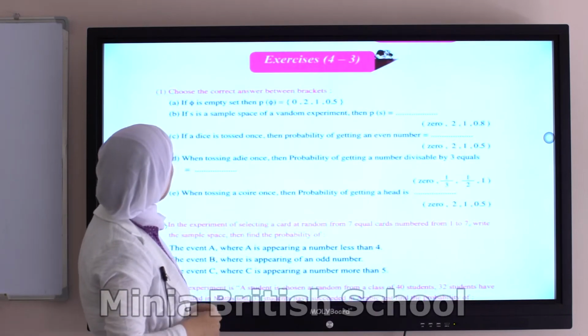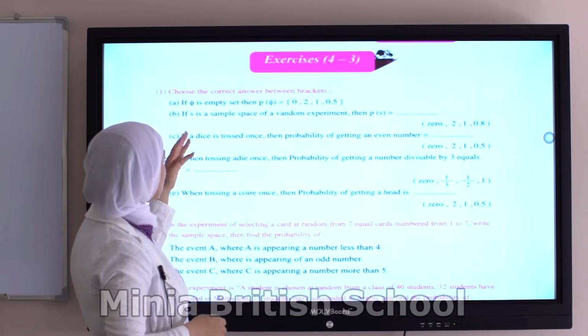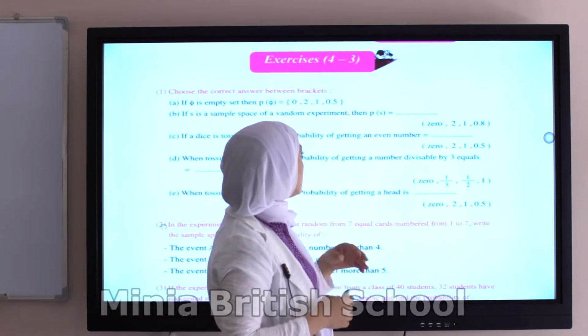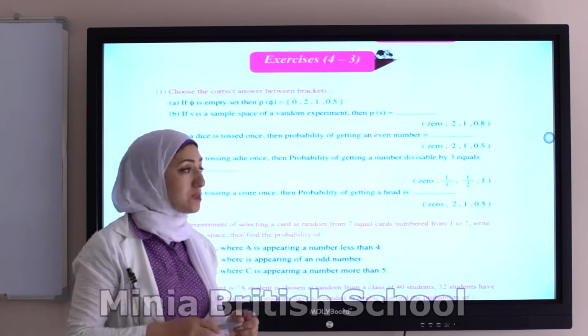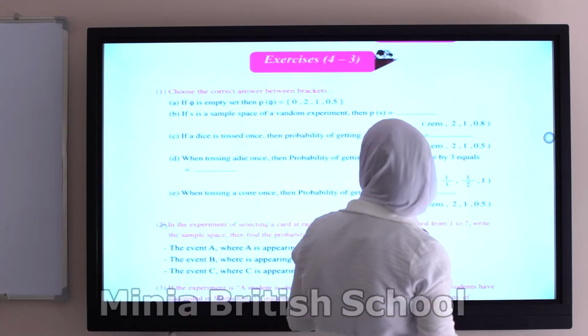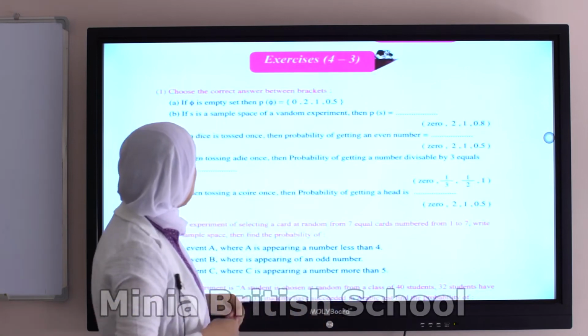If S is the sample space of a random experiment, then the probability of the sample space equals 0, 2, 1, or 0.8.